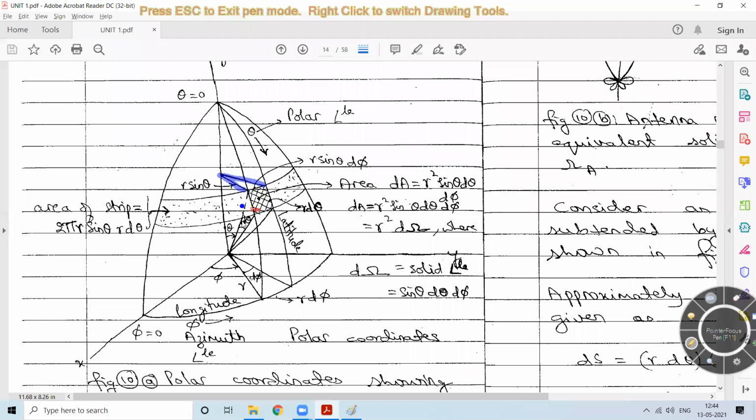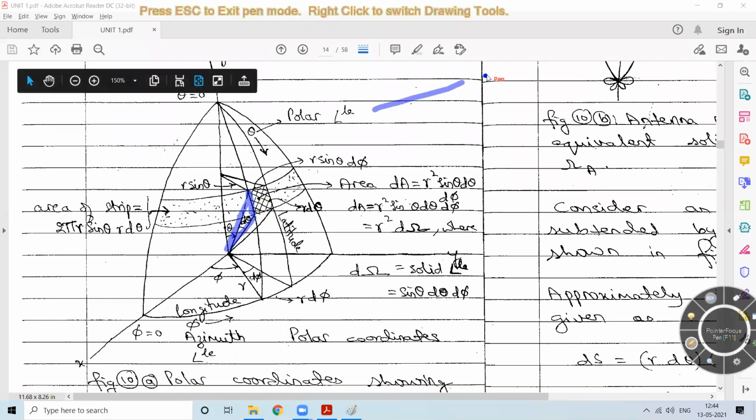Now, if there is an elemental increase in this theta, that is this d theta value, we'll be having theta and theta plus d theta. So what is this side equal to?